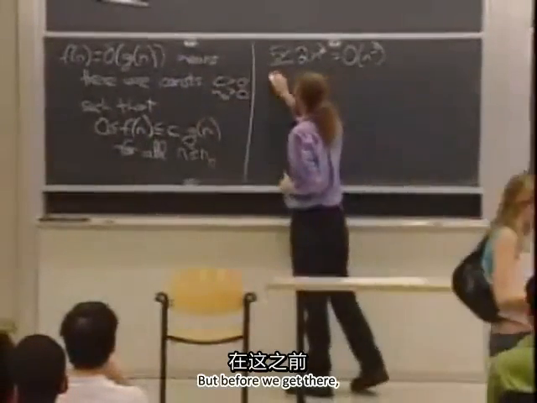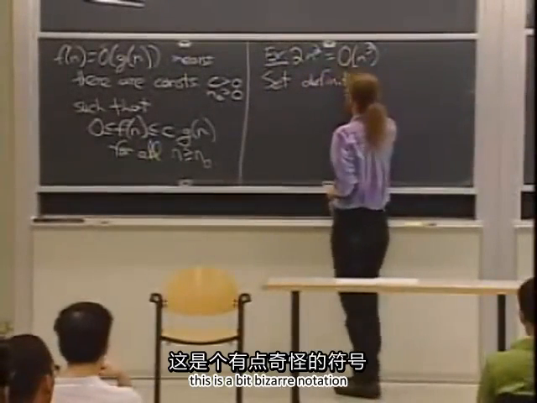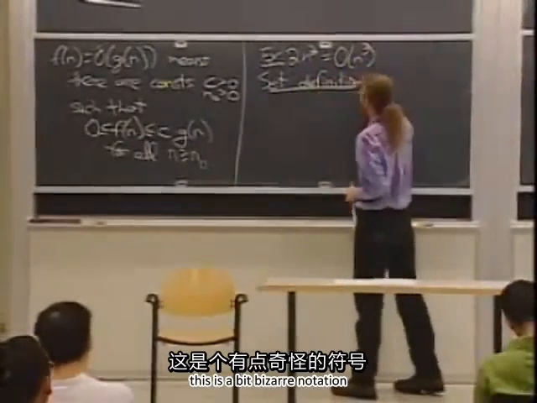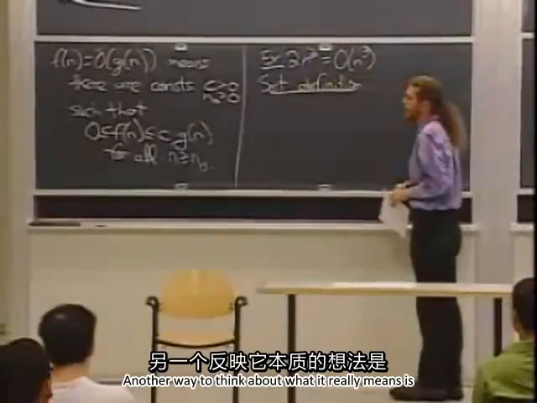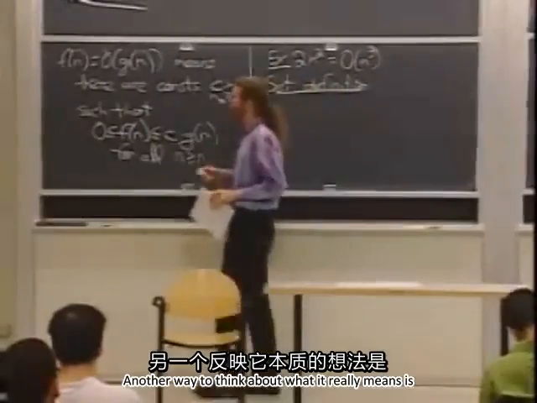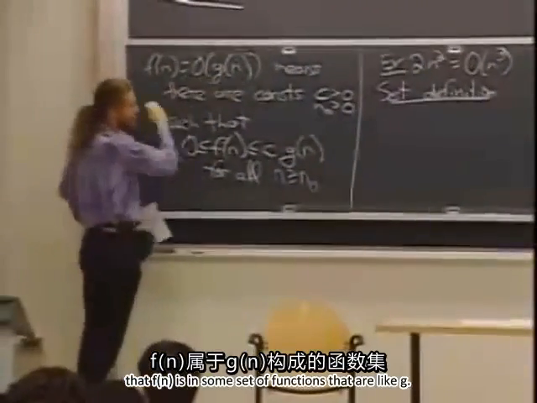Before we get there, this is a bit bizarre notation, and you should always think about what it really means. Another way to think about what it really means is that f of n is in some set of functions that are like g.